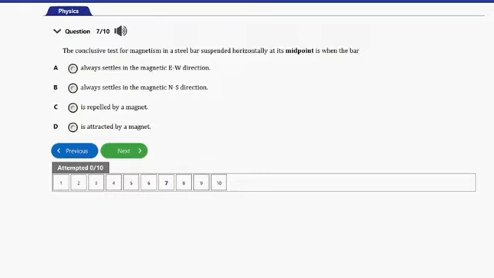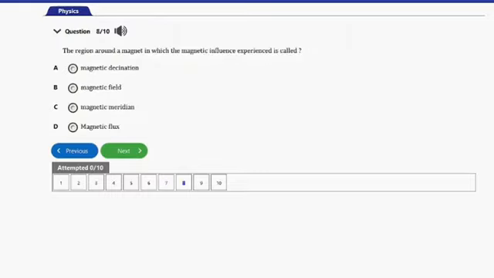D, is attracted by a magnet. So guys, the answer to this question is option B here. The conclusive test for magnetism in a steel bar suspended horizontally at its midpoint is when the bar always settles in the magnetic north-south direction. So that's it for this question. Let's go ahead and consider the next question, guys.